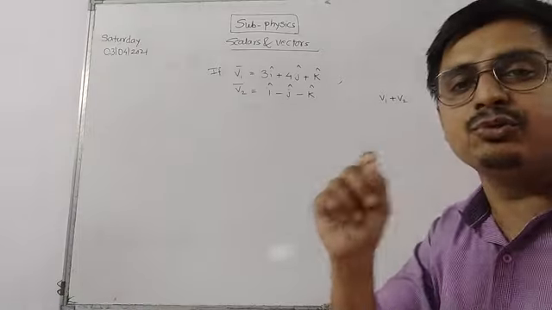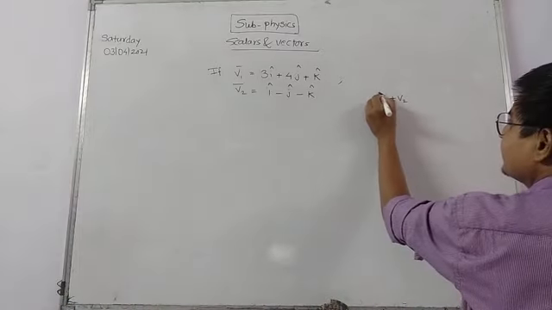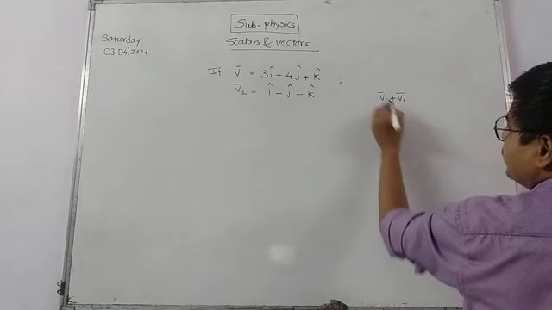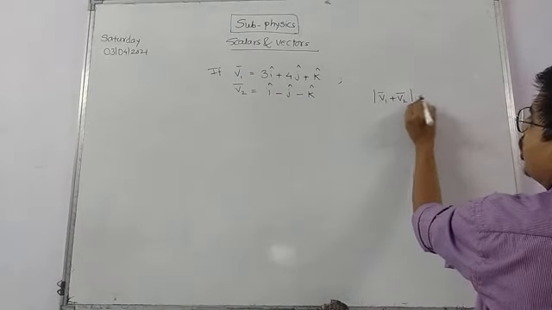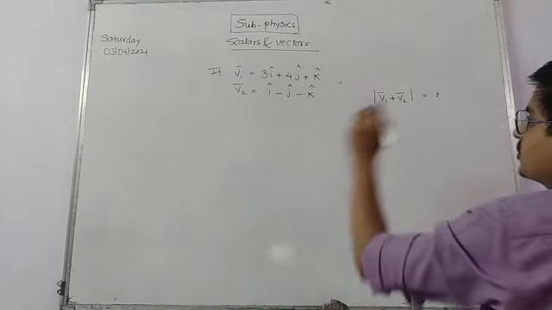Magnitude of V1 plus V2 bar means first you have to add V1 plus V2, then you have to take the mod. That is the question.